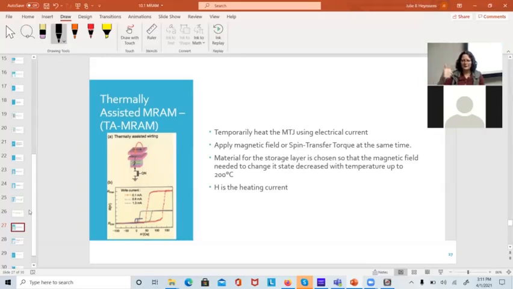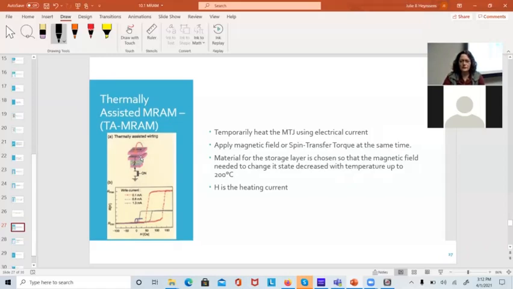So we talked about the spin transfer torque as something for the future that is happening now. The next step, and I happen to know Everspin's working on this, is thermally assisted MRAM, and maybe I could combine the two. So with thermally assisted, I'm going to temporarily heat the junction very locally using electrical current.